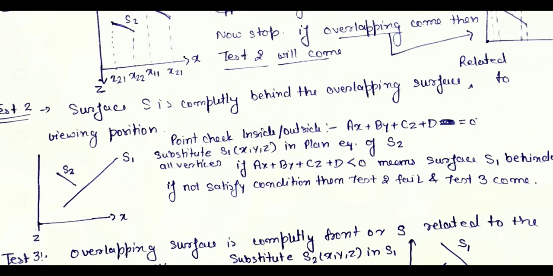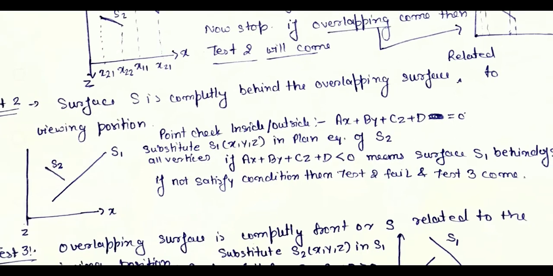So now you have to check: point inside or outside. As you know how to check whether a pixel is on the surface, the equation is Ax plus By plus Cz plus D equal to 0. If the value is less than 0, it is inside, and if greater than 0, it is outside. We check those conditions like this.